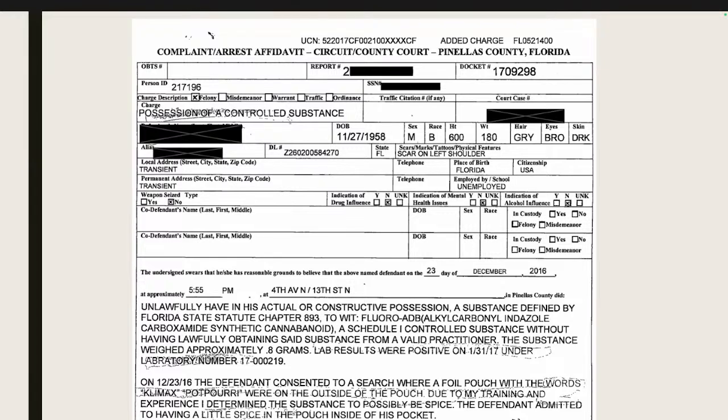Toward the bottom, it states the circumstances around this arrest. This homeless individual was stopped by police in the city of St. Petersburg. He had approximately 0.8 grams of a substance known as spice. It's a synthetic cannabinoid. And he was arrested for that felony offense of having 0.8 of a gram, a very small amount.